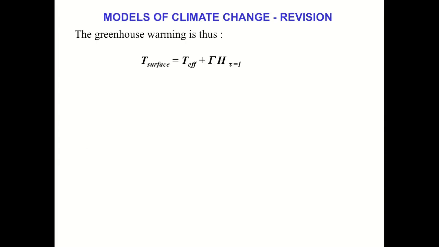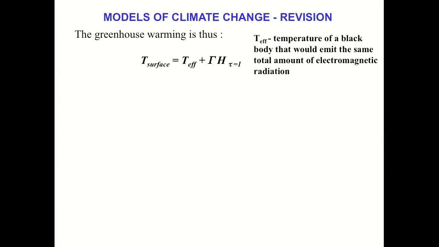Okay, so let's remind ourselves of how we approach these very simple greenhouse gas models of the atmosphere. When we talk about greenhouse warming, we can think about the surface as simply related to the effective system temperature, which of course is the temperature of our black body that would emit the same total amount of electromagnetic radiation, plus this additional term, which is simply a product of gamma, which we said was the rate of change of temperature with height, dT/dz, times the height at which that outgoing long wave radiation essentially occurs.